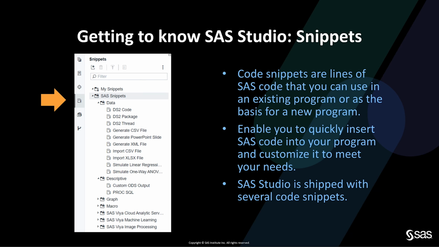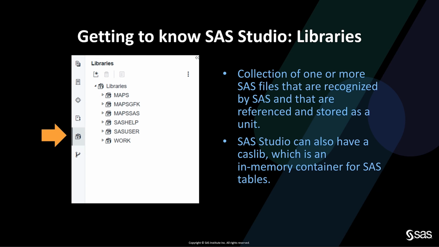All right. The next is the libraries. If you've used SAS before, this should look familiar. The only difference is in addition to your regular libraries, you'll have CAS libraries, so CAS libs, which is where your in-memory tables are.